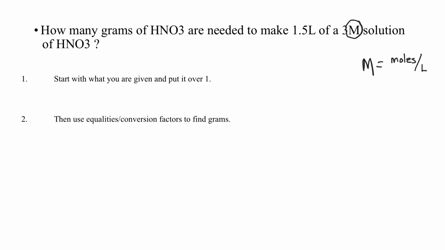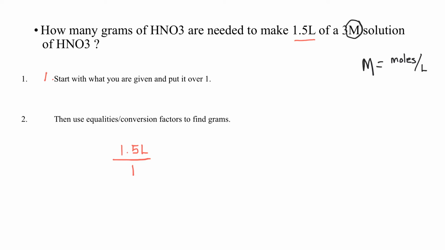put it over 1. And in this problem, we have 1.5 liters of a 3 molar solution of HNO3, which is nitric acid. And so the first thing I'm going to do, number 1, is to put my 1.5 liters over 1.